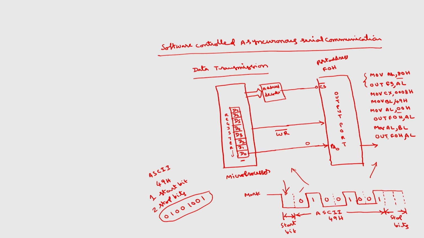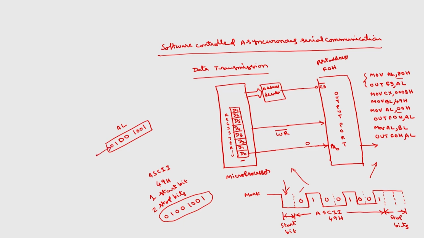Now, I have taken this 49H in AL. In AL I have 49H, that is 0 1 0 0 1 0 0 1. I want to transmit first this 0 bit.